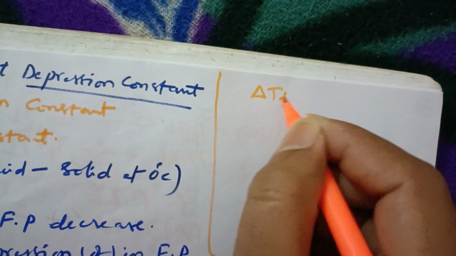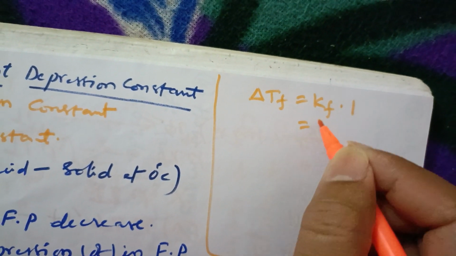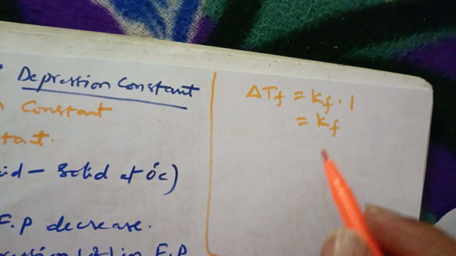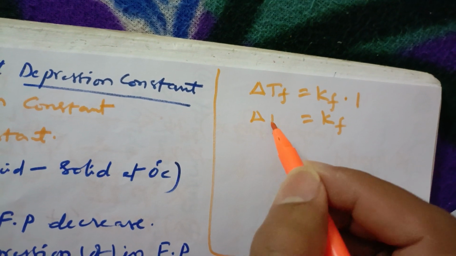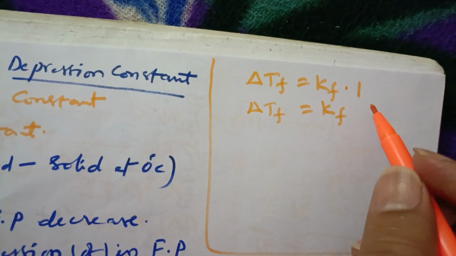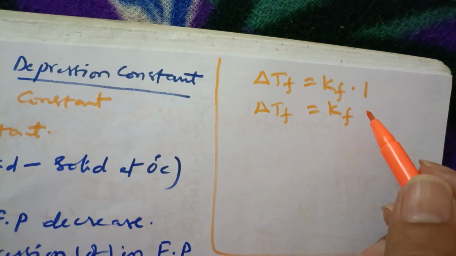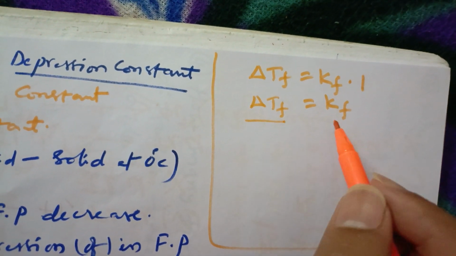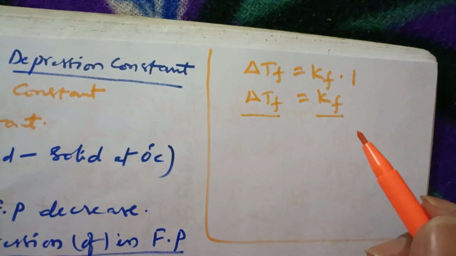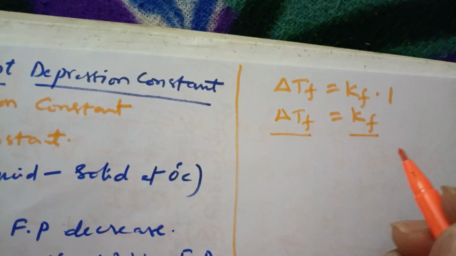So what is this cryoscopic constant? Simply, if you take a one molal solution, then the depression in freezing point is called the cryoscopic constant or freezing point depression constant.